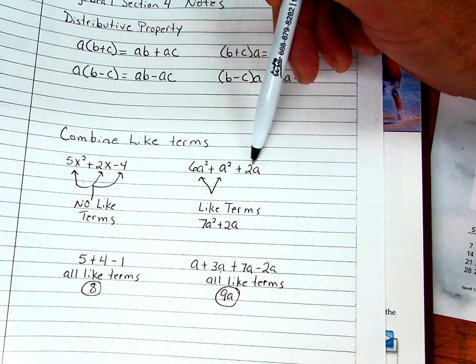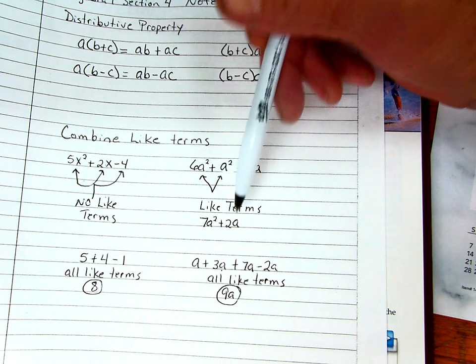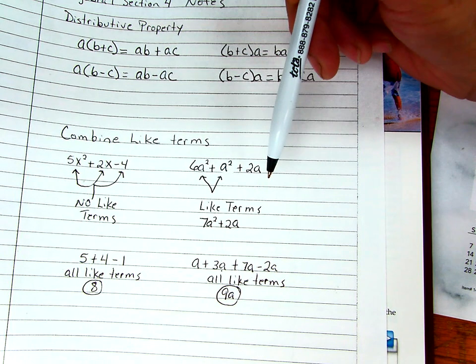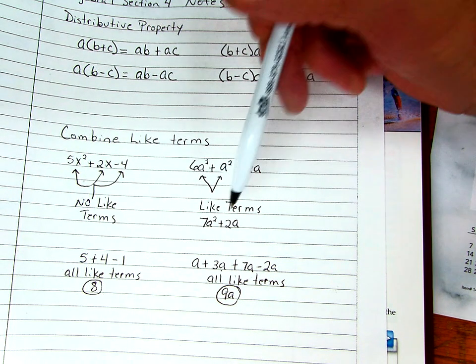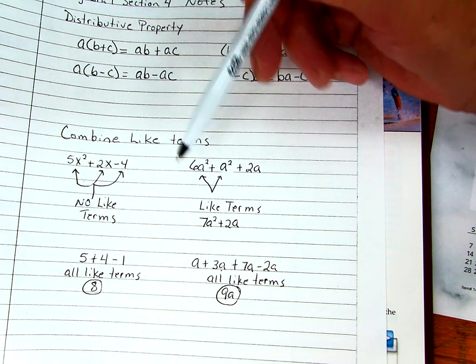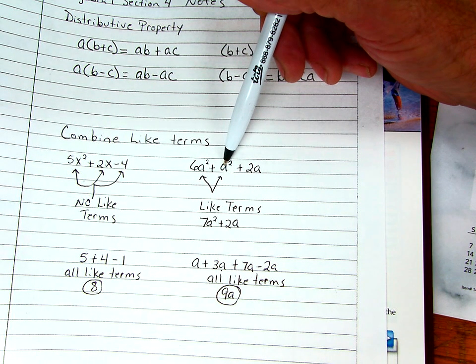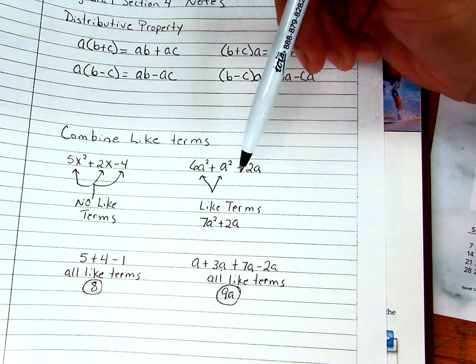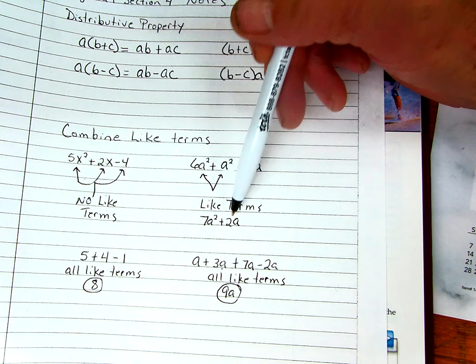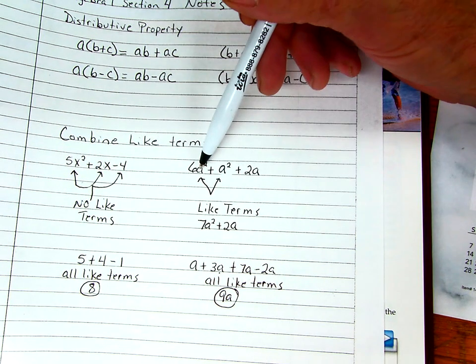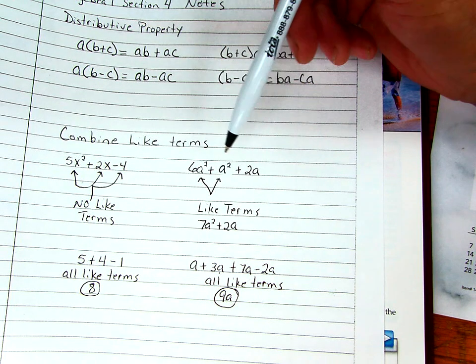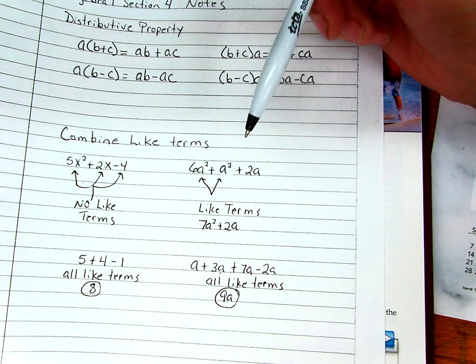The only thing that we can do is bring it down and write it in our answer, plus 2a. So 7a squared came from 6a squared plus 1a squared. 7a squared plus 2a. In order to combine them, the letters have to be the same, the powers have to be the same.